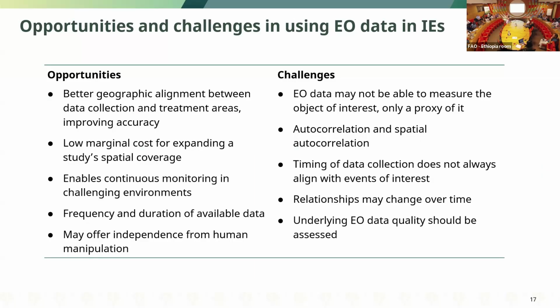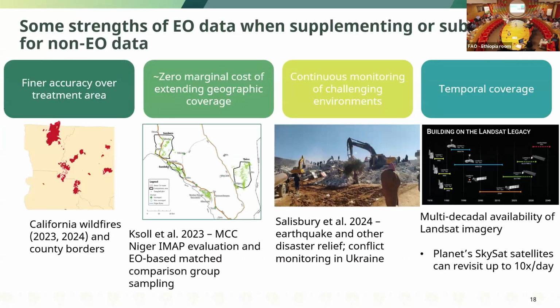Just a few things that I wanted to close off with: challenges and opportunities. Much of this was echoed in yesterday's presentations, and so I wanted to highlight just a few of them. Some of the strengths that EO offers is that the researcher has exceptionally fine control over the treatment area.